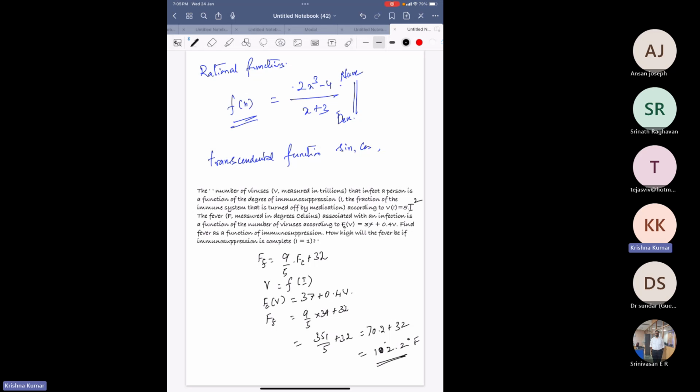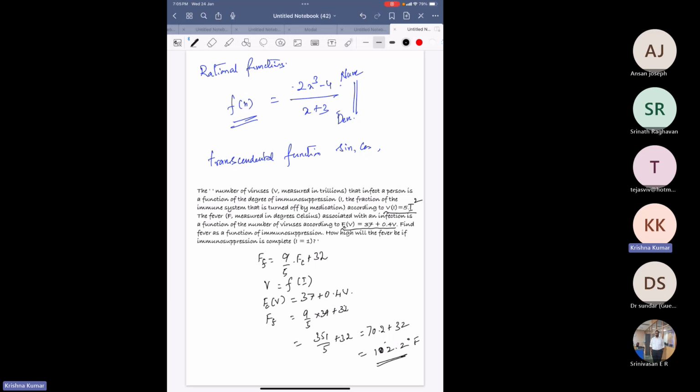5I squared. Then the fever is associated with this infection, and the fever is proportional to the number of viruses, and the fever in centigrade is given by this equation.